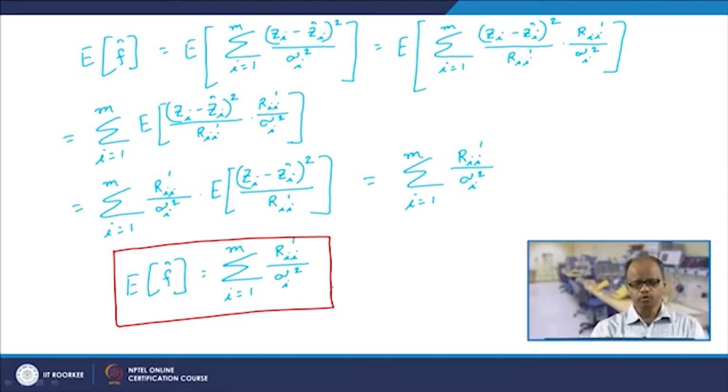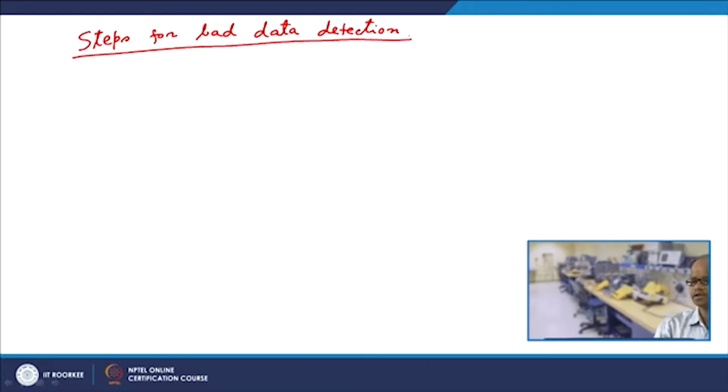So, for that we follow some simple steps. We write the steps for bad data detection. We have already covered all the theoretical background, so now we are ready to write down the steps for bad data detection.